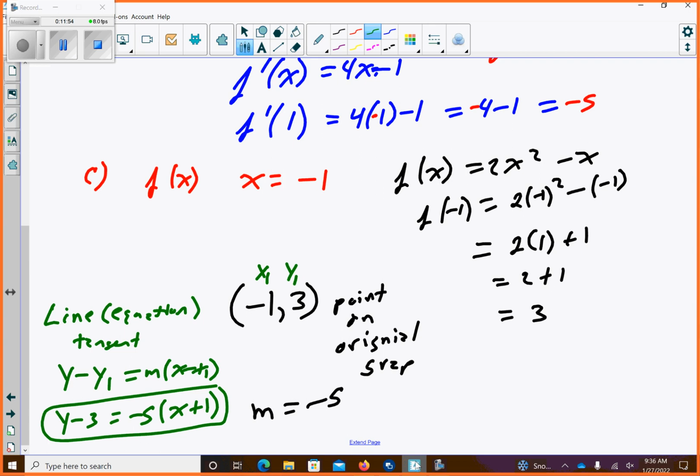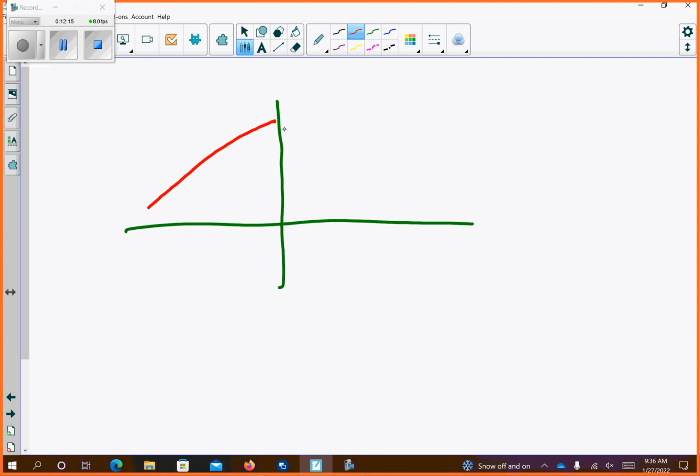For number 2, on that same worksheet 4.3, it says for problems 2 and 3, over what intervals is this increasing or decreasing? So let's draw our XY axis. Okay, hopefully that looks similar.